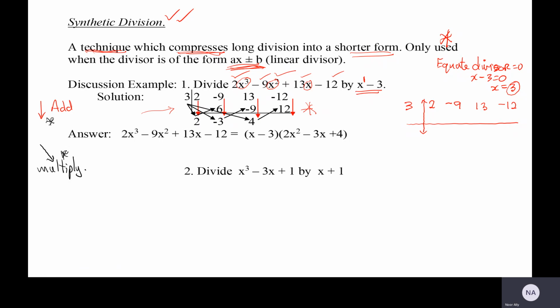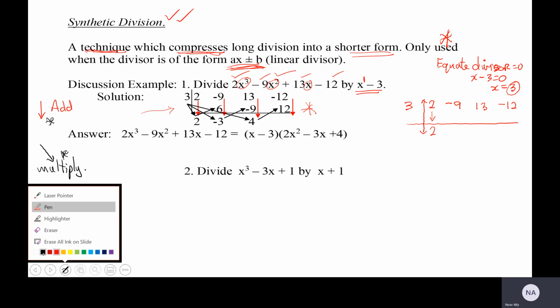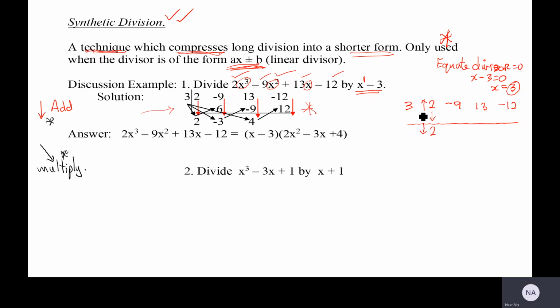We start with the 2 and we add down the column. There's nothing underneath the 2, so it's 2 plus 0, that gives you 2. Then we go across. We take the 3, multiply that by 2 to get an answer which is 6, and we put that answer under the next value.